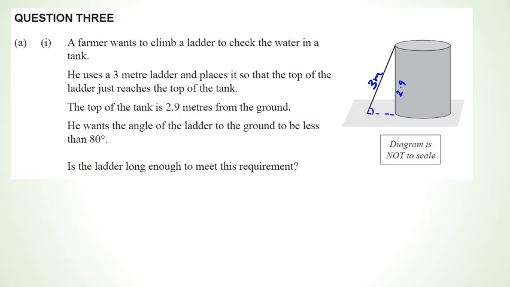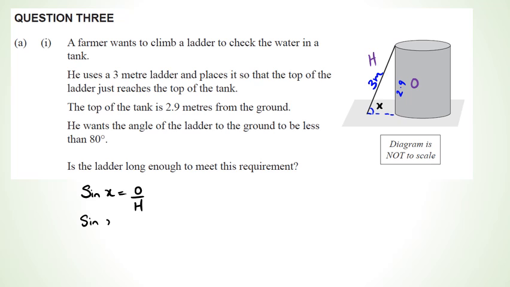We've got opposite there, and we've got hypotenuse here. So we're going to be using the sine rule. So we have sine of, I'm going to put this as x. Sine of x is opposite over hypotenuse.